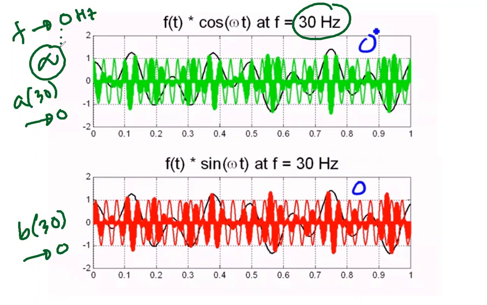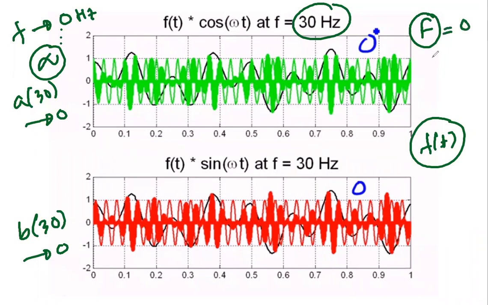But whenever you have an unknown signal FT, we need to try with our frequency F. Our frequency, or capital F, goes from 0 hertz cos signal as well as 0 hertz sine signal. Whenever you are taking cos signal, you are getting the real part, and whenever you are taking sine signal, you are getting the imaginary part.